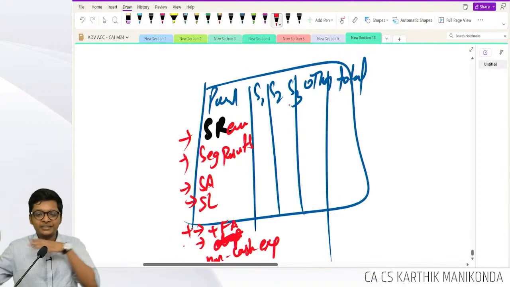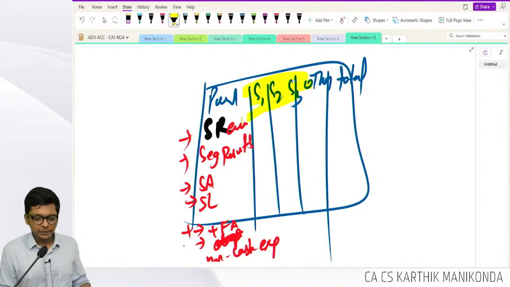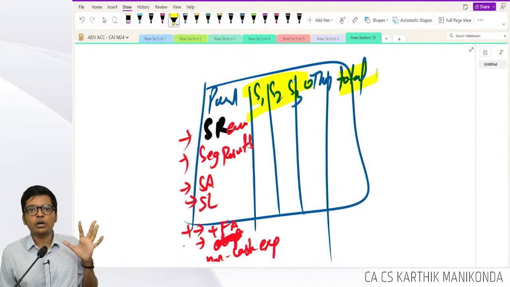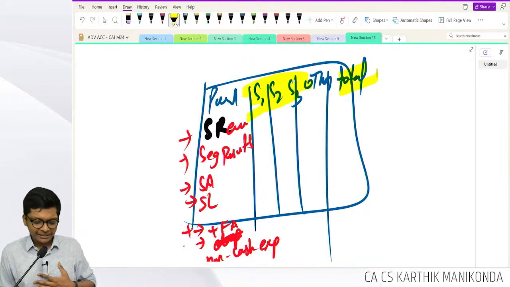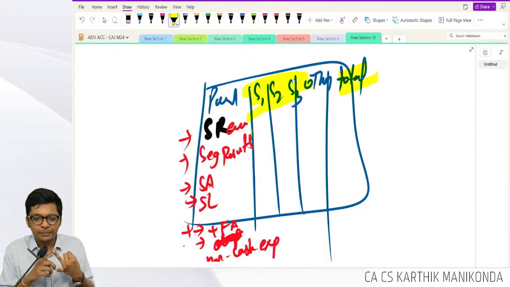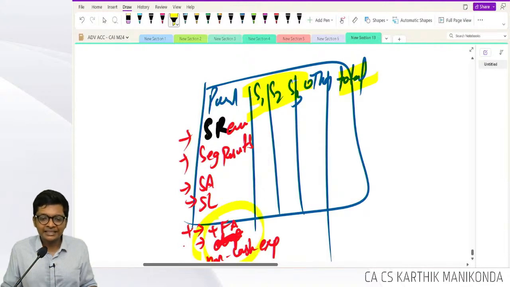The format will be like this: particulars followed by segments that I'm going to report. Then I will write the others column, and then the total column. Following that, what are the breakups for each segment I will show? I will show segment revenue, segment result, segment assets, also segment liabilities. Then under others, I will show addition to fixed assets and any non-cash expense to find cash flow.